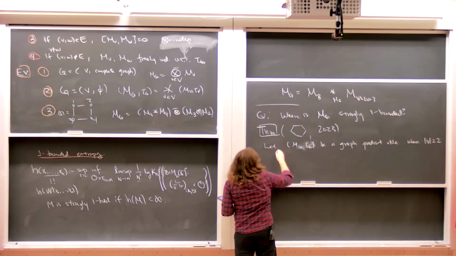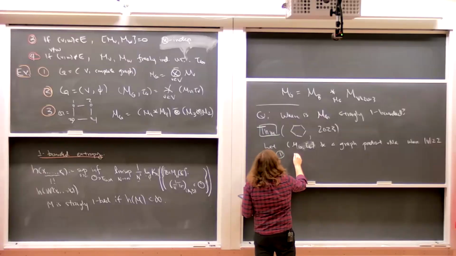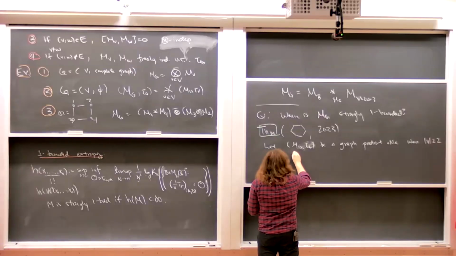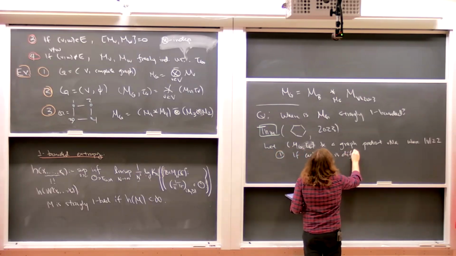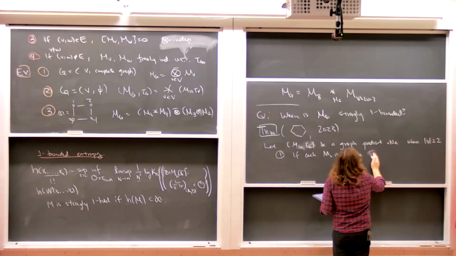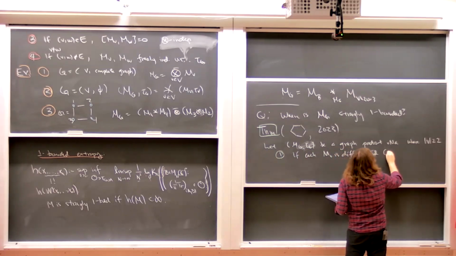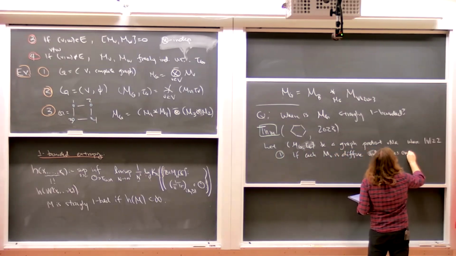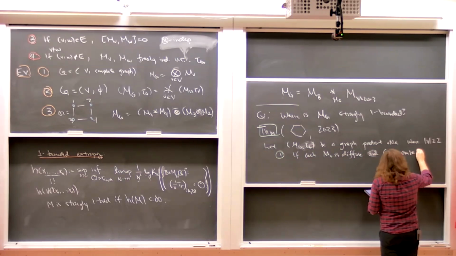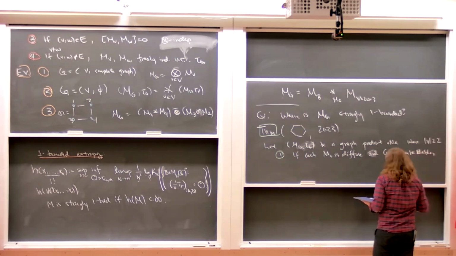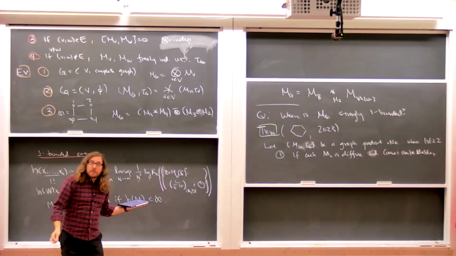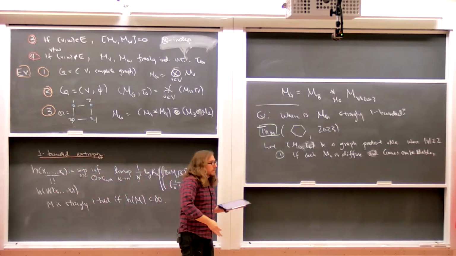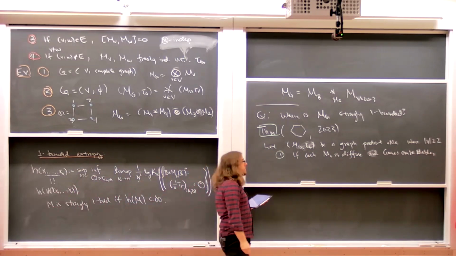And the first case is, if all of these M_V are diffuse, and also Connes-embeddable, then we know exactly when this is strongly one-bounded, and it's precisely when the graph is connected or not.